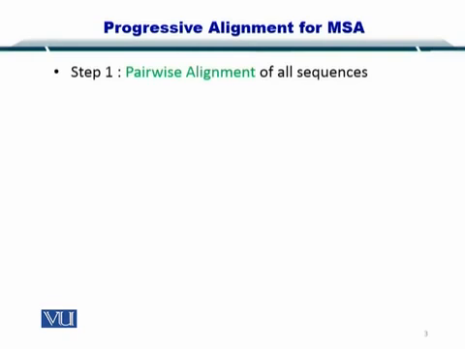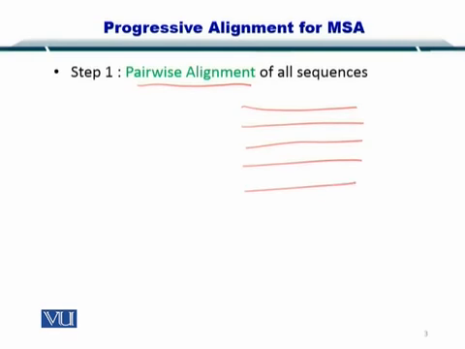As a first step in progressive alignment for MSA, you perform pairwise alignments on all sequences. That is, you take these sequences and you align sequence 1 with all other sequences. So you will be aligning 1 with 2, 1 with 3, 1 with 4, and 1 with 5.